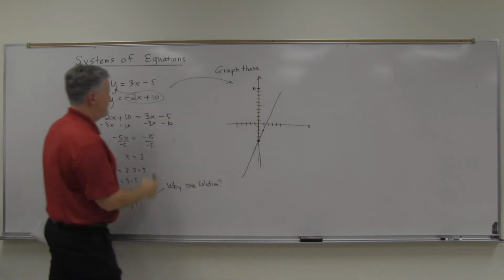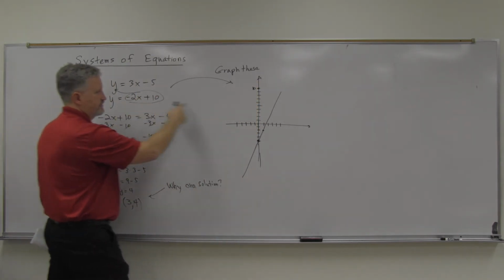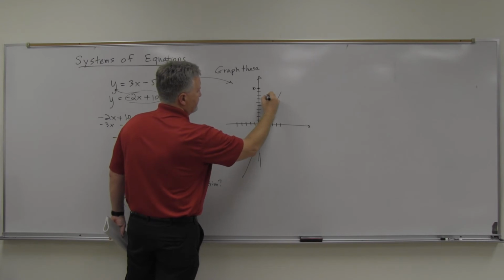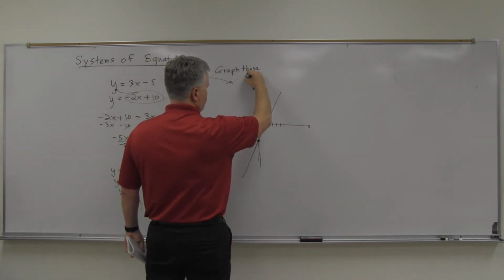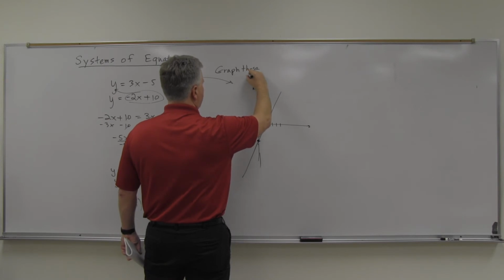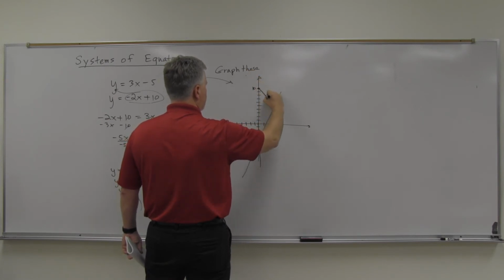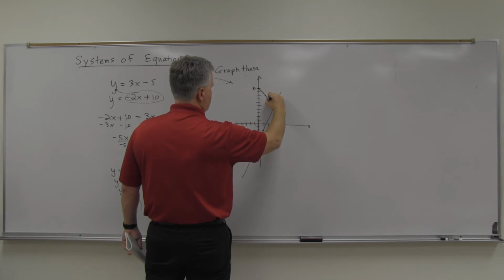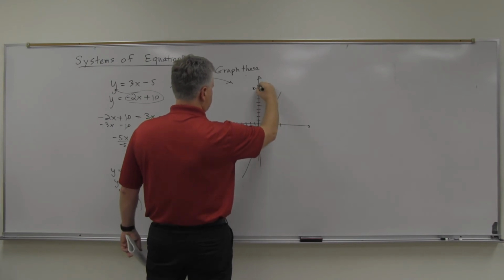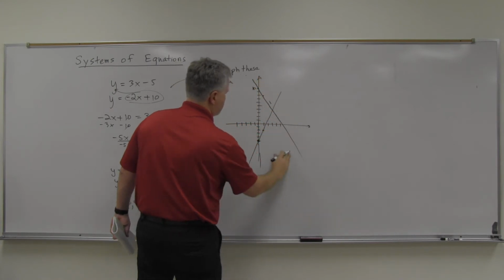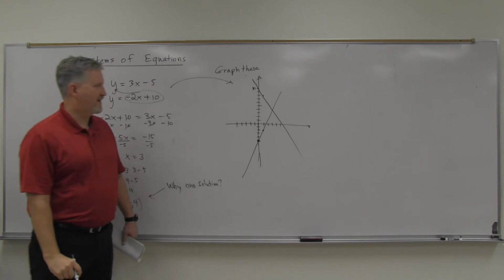So there's my y-intercept of 10. Slope is -2, so down 2 over 1. A little finagling there, I got it where I wanted.